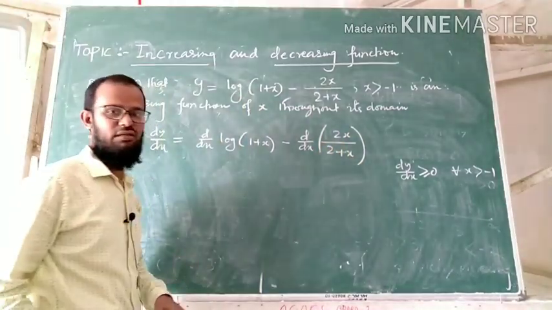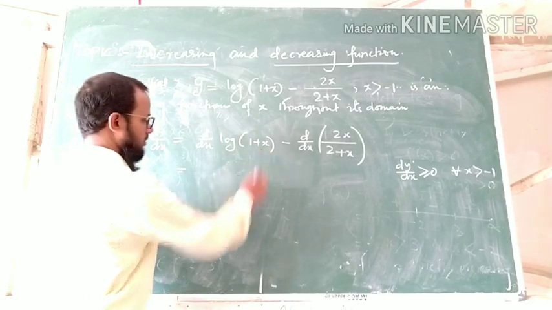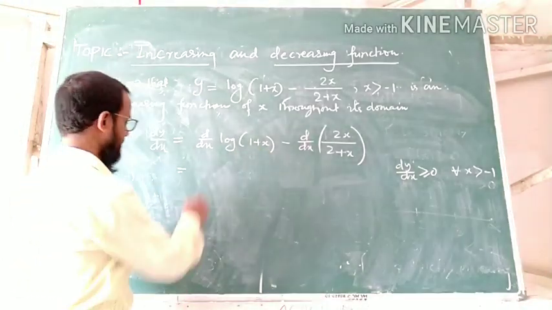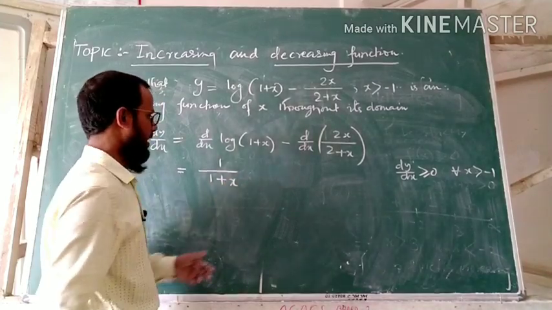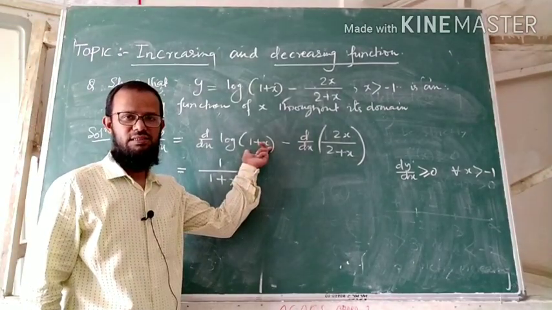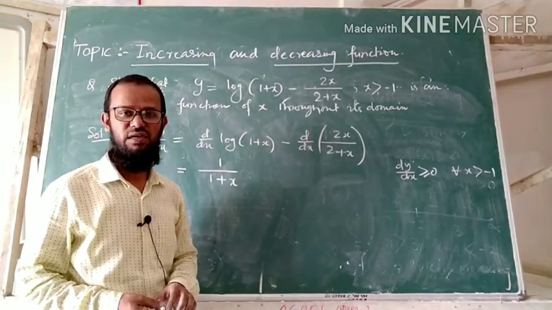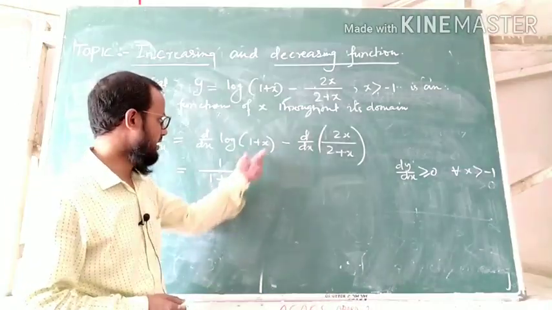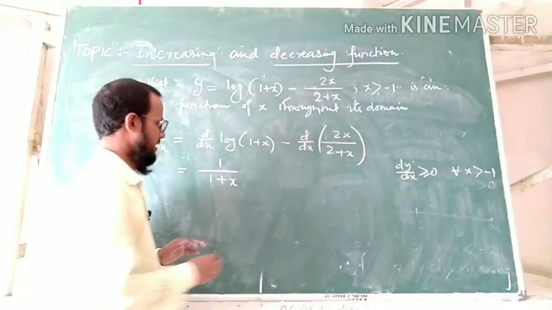This is the derivative you are going to find. d/dx of log x means 1 by x. So हमें क्या होगा, 1 by 1 plus x, and again derivative of 1 plus x. 1 plus x का derivative क्या होगा, d/dx of 1 is 0 and d/dx of x is equal to 1. So ultimately ये 1 होगा, 0 plus 1.